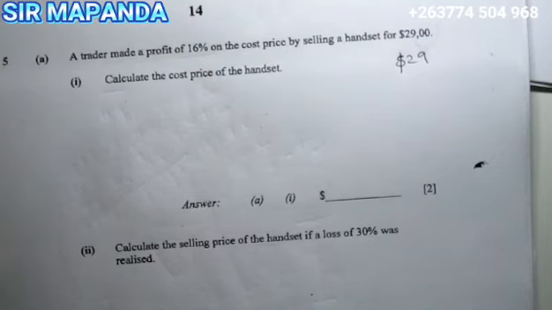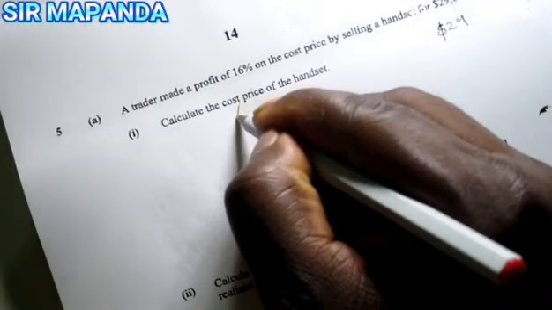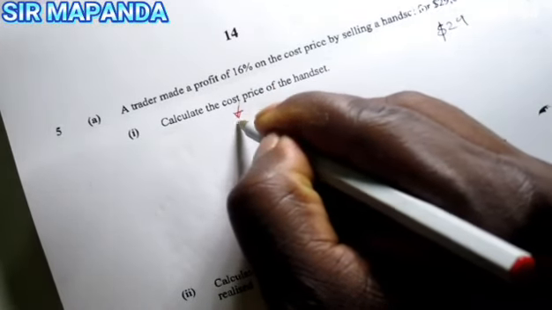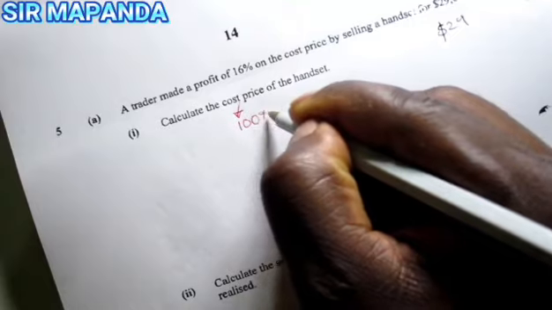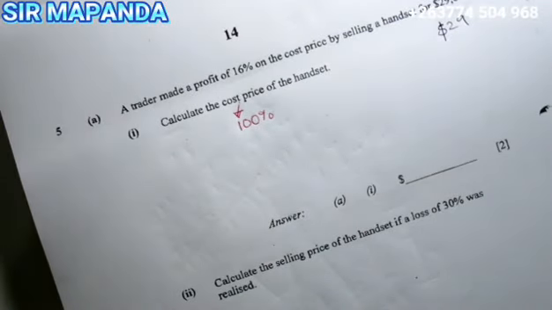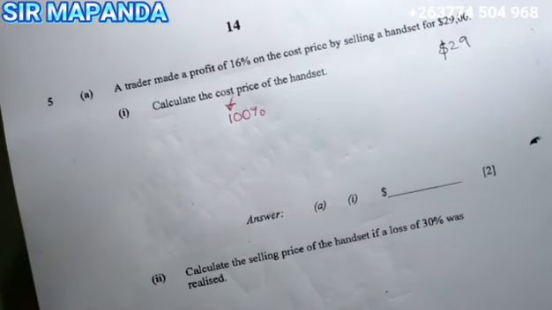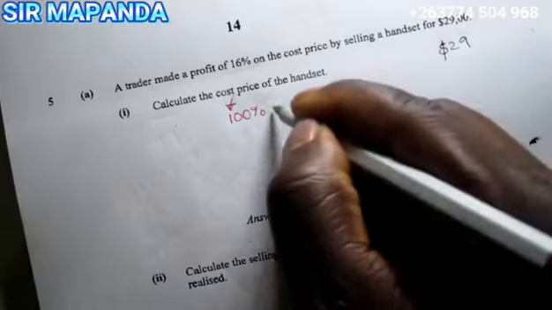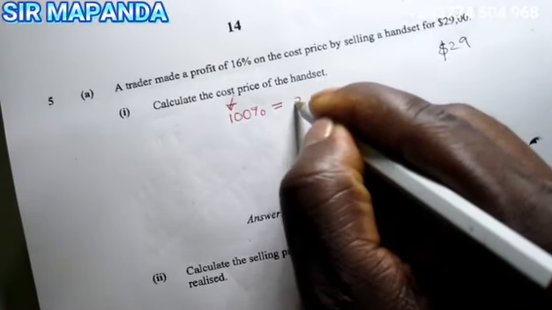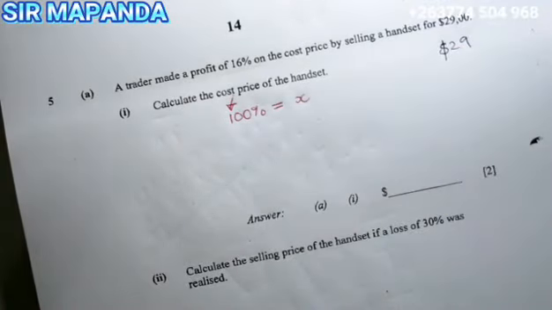Likewise, remember in my previous teachings that the cost price, or a previous figure, or original figure, is always represented by 100%, right? So what you need to do here is write 100% is equal to x because the cost price is unknown. But the trader made a profit.